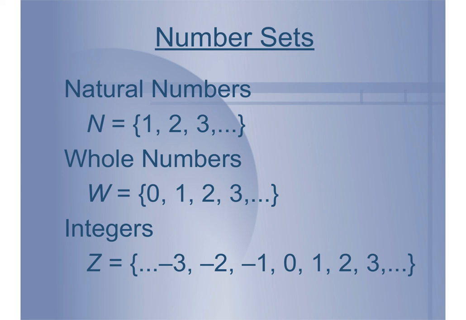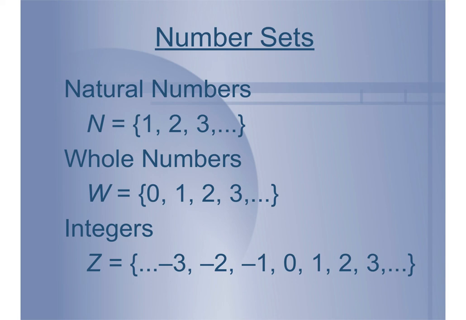Now, something else I want to point out is how the number sets are labeled. This is universal. These are not random letters that they chose, okay? N will always mean natural numbers if you are talking about number sets. Now, does that mean that if you had number of students in geometry, that you couldn't use N for it?